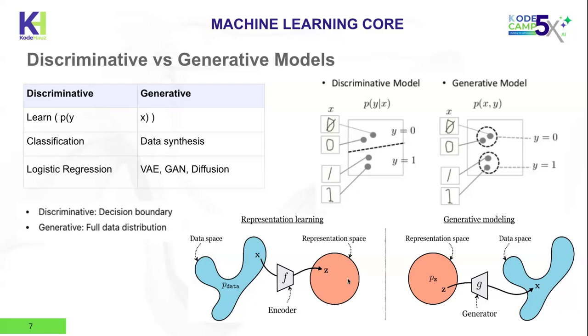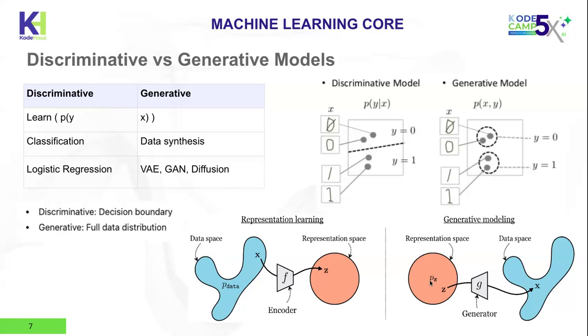That's a space where the data is represented, and we represent it with the letter Z, while X is the input and F is a function that does this conversion after you have trained the model. Basically, a model becomes a function approximator that is able to move data from this data space and compress it into representation space. That's representation learning or discriminative learning. But generative modeling is the opposite.